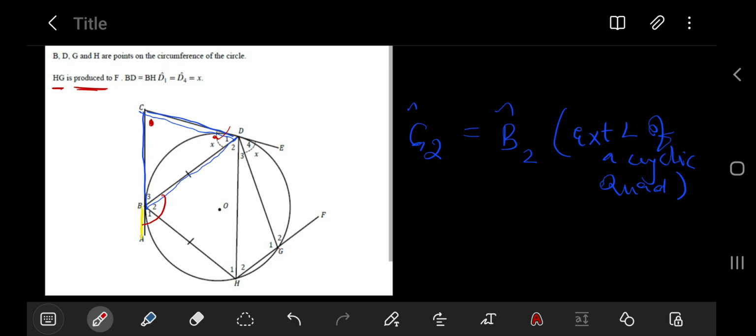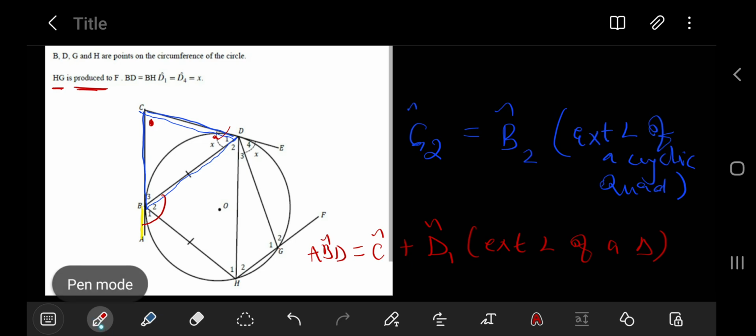So it means angle ABD. We can write it as ABD, which is B1 plus B2. That should be equal to angle C up there plus angle D1. And the reason being, that is an exterior angle of a triangle.